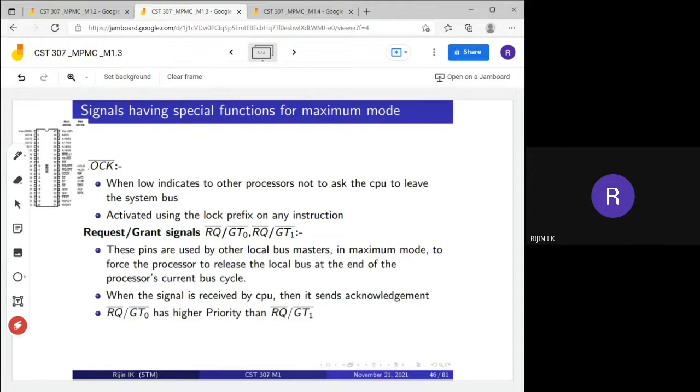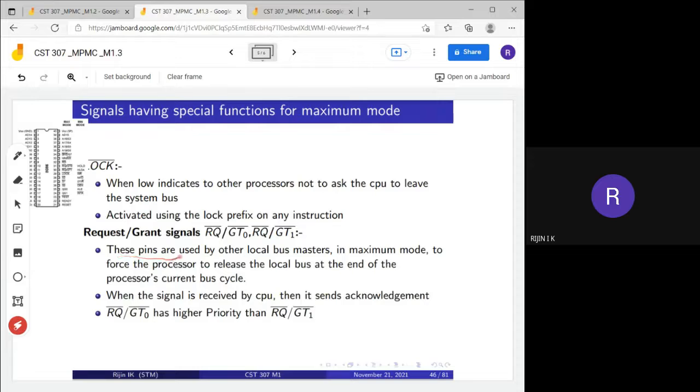So suppose a processor is executing its operation using a system bus, and there is a request coming from another processor to access that system bus, then it will send the request signal. Then if the local bus master agrees to provide that system bus, it will give the grant signal. So that is what is written here.